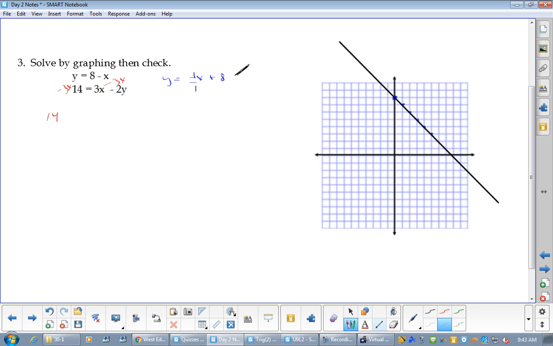I'll get 14, or sorry, negative 3x plus 14 equals negative 2y. And then I will divide negative 2 on both. So what's this turn into? So that's positive 3 over 2x minus 7 equals y.